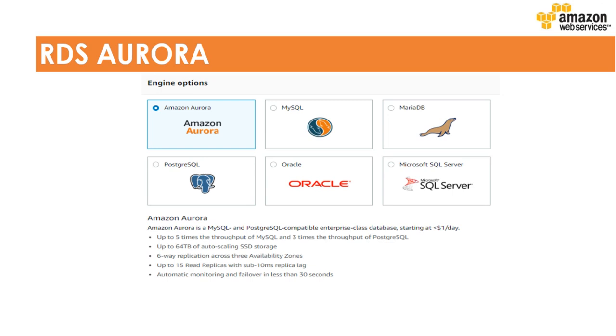These are the features of Amazon Aurora. Compared with MySQL and PostgreSQL, it is better, but it is a paid service, not free tier.